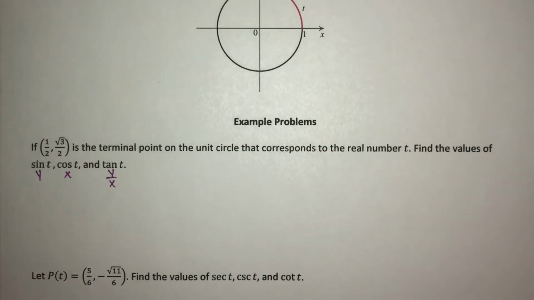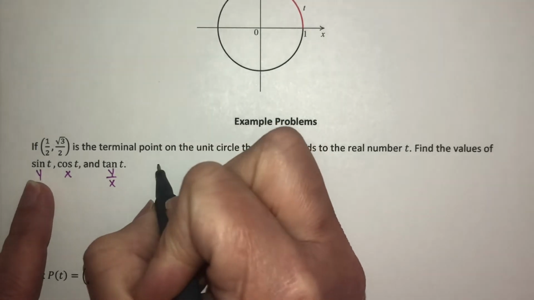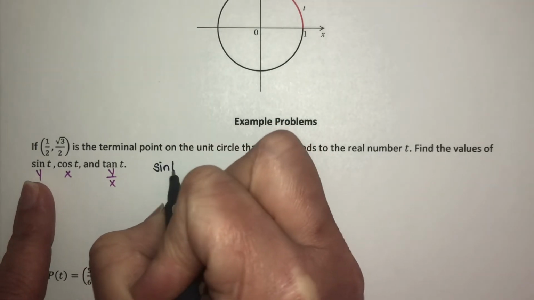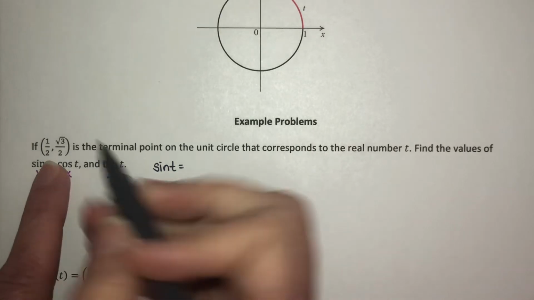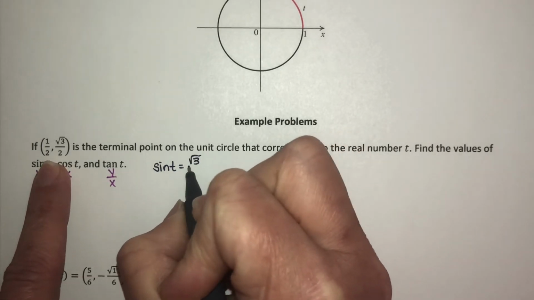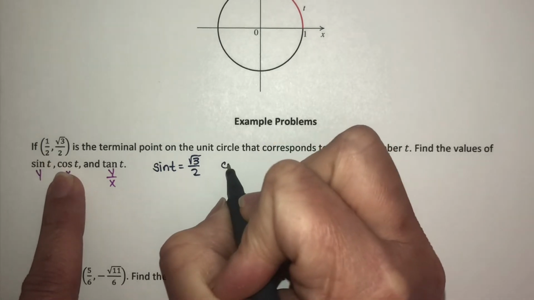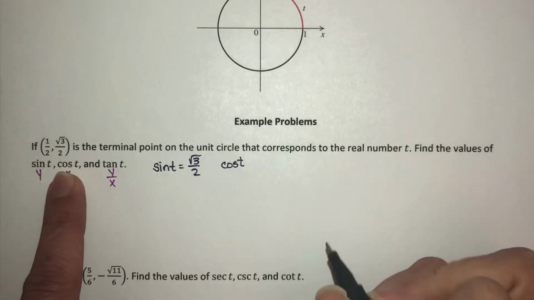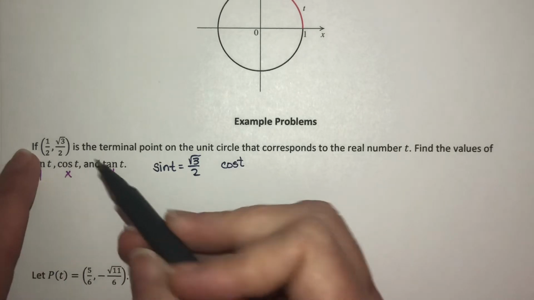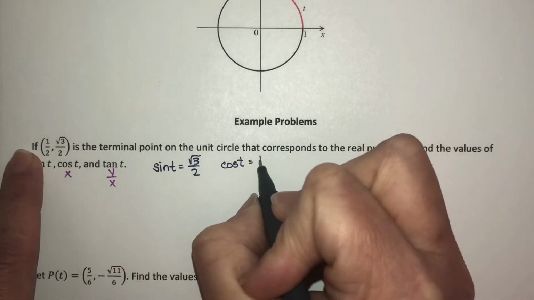So this should be fairly easy. Our sine value, sine of t, is our y-coordinate, which is the square root 3 over 2. Our cosine value, cosine of t, is our x-coordinate, which is 1/2.